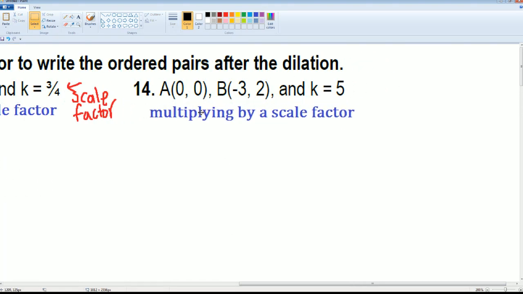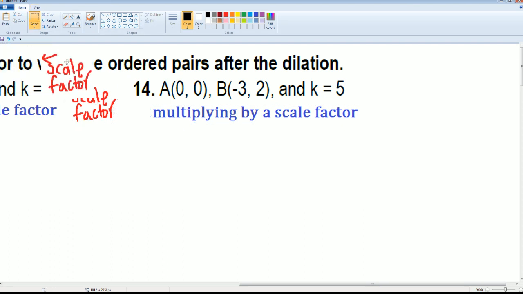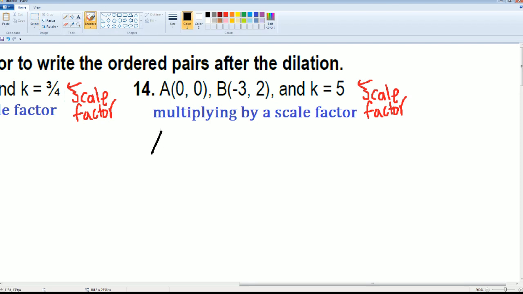Perform a dilation to these points. What is a dilation? It's when we multiply by a scale factor to change its size. Again, if you do not know what the scale factor is, it's this letter K. Okay, the first one is A. The scale factor is 5, so I will color code that for you. 5 times 0, you already know what that is.